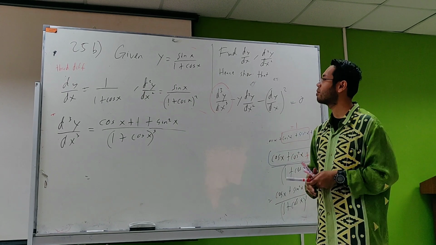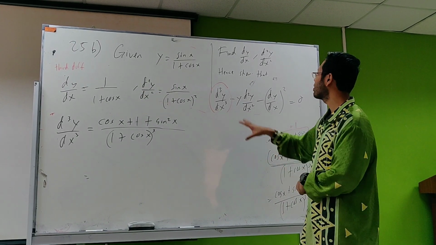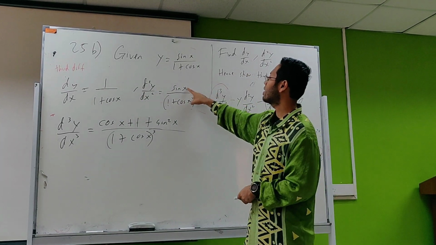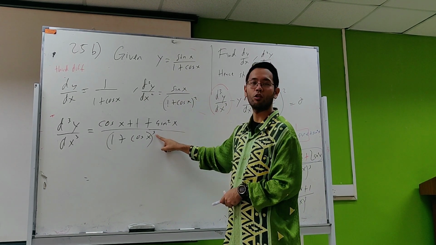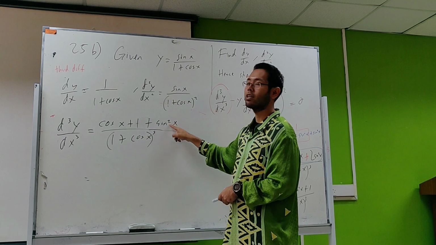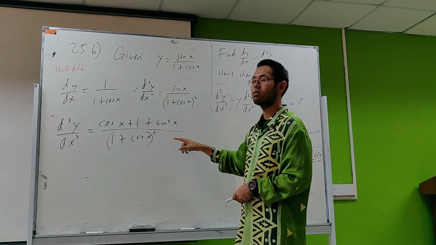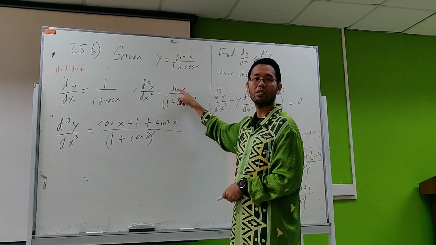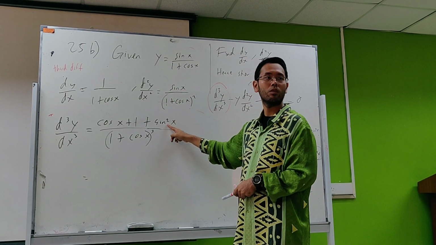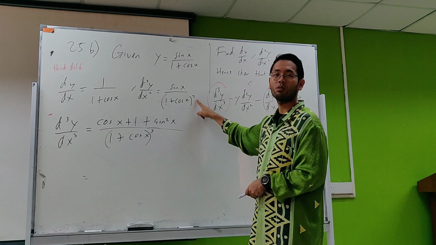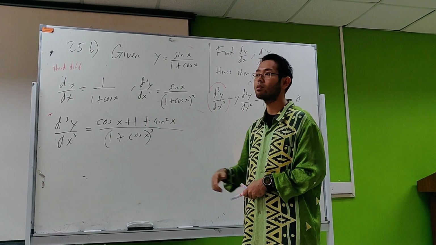It's not that easy, but when I look at the second derivative, it's sine x (1 plus cos x) squared, and I have cube, and I have sine. This one they just want sine power 1, and here is power 2, and here is power 2, we got power 3.